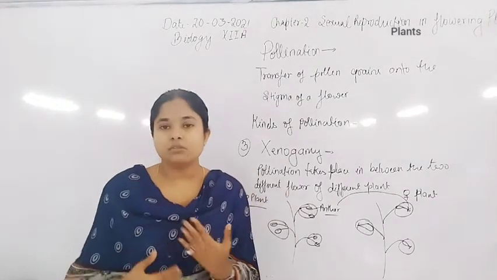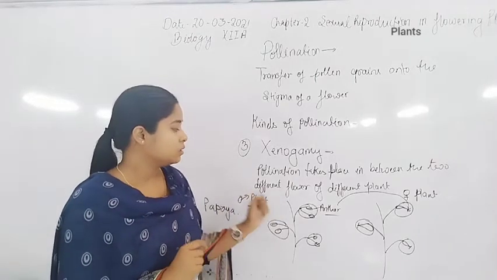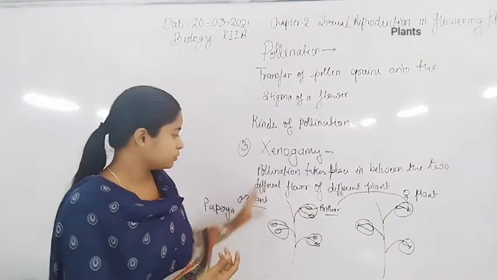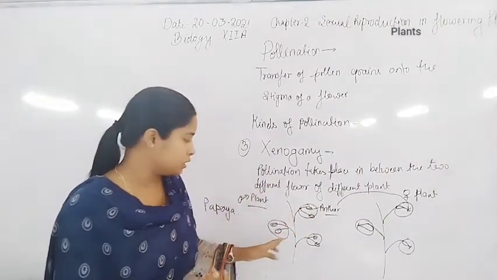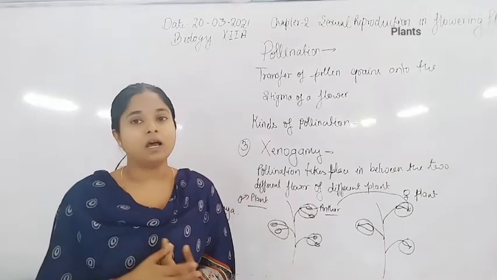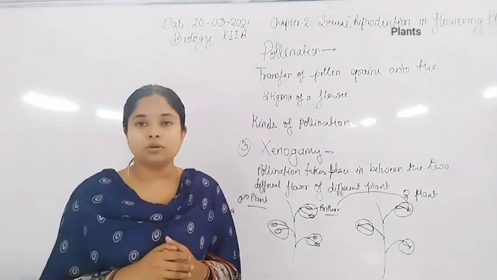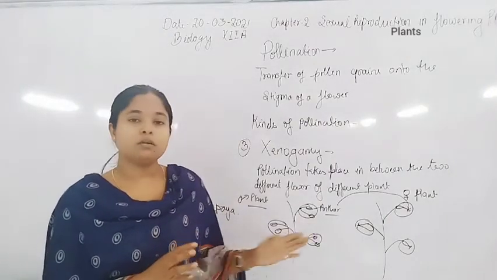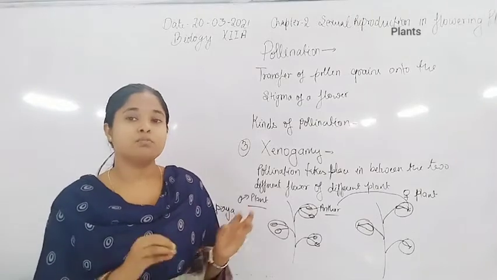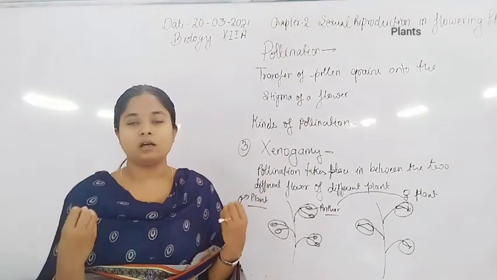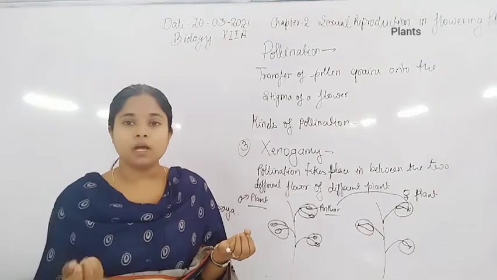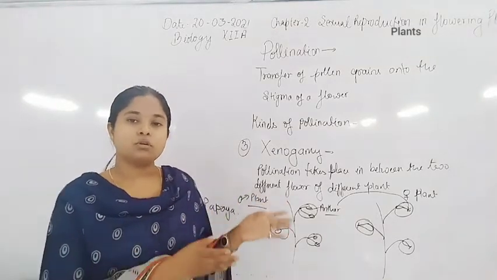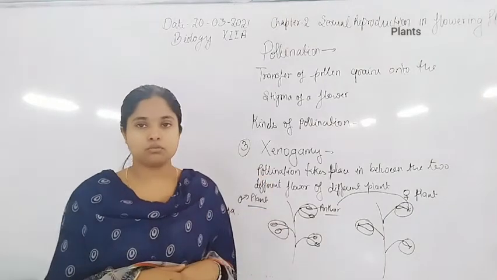Now third is xenogamy. In xenogamy, the sexuality of the plant depends on the presence of the flower. If the male flower is present only on one plant, and the second plant only shows the female flower, that is, both male and female flowers are separated, or the unisexual flowers are represented on two different plants, one plant shows only female flowers and the second shows only male flowers.